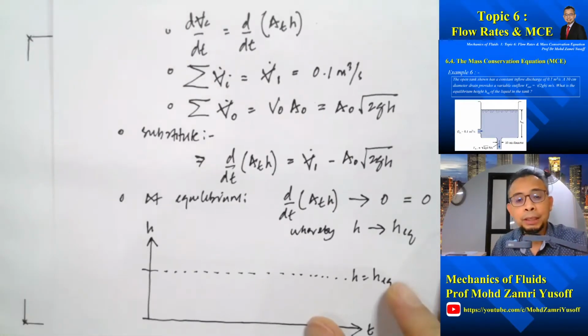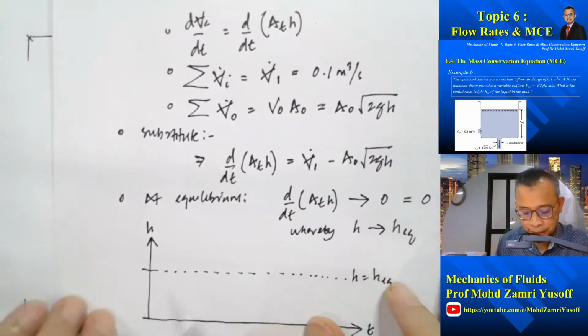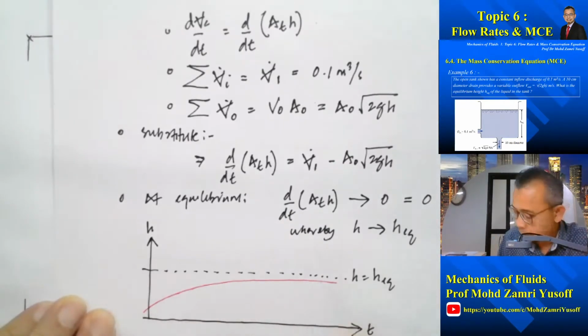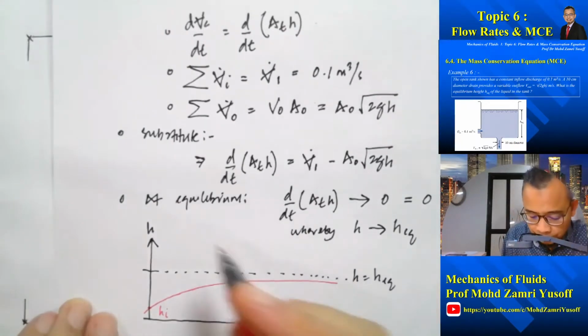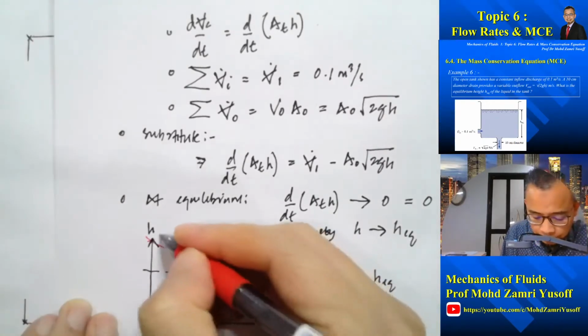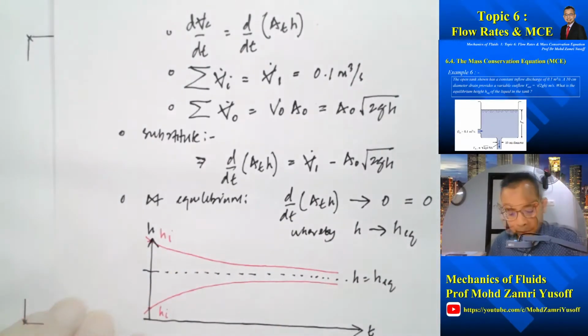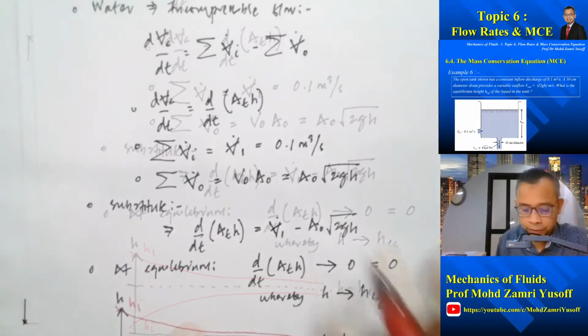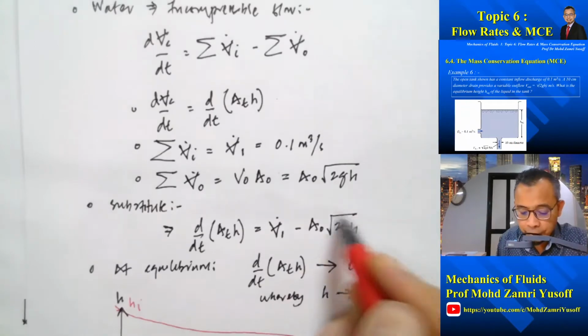So depending on the initial value of H, the graph can either be like this, where this is the Hi, or the graph can also be, let's say, like this, where this is Hi, right? So it will follow this graph if this value here is initially positive.